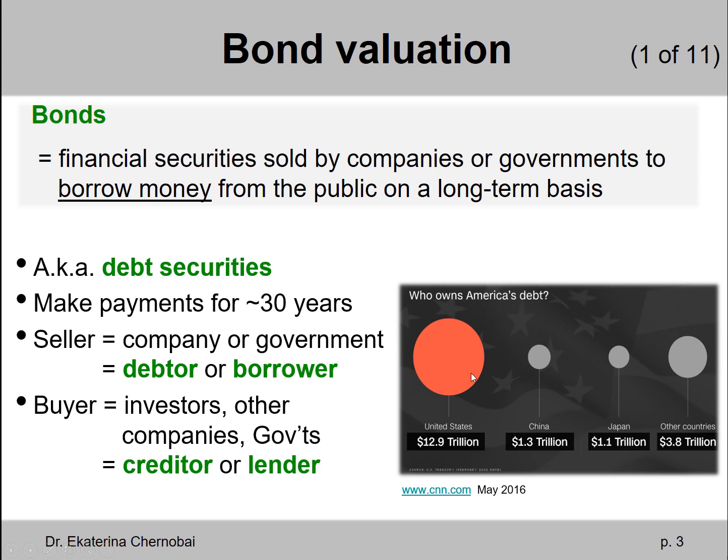So this is kind of to give you an idea of who may be the people or the agencies, the institutions who buy bonds issued by, let's say, a government. Although in this chapter, all our examples will be about corporations rather than governments.